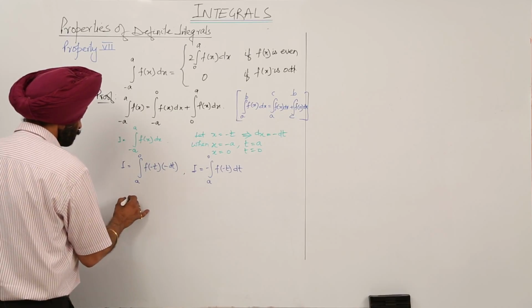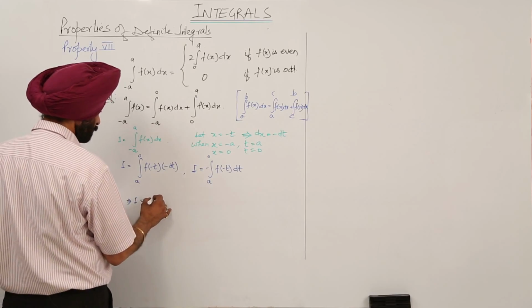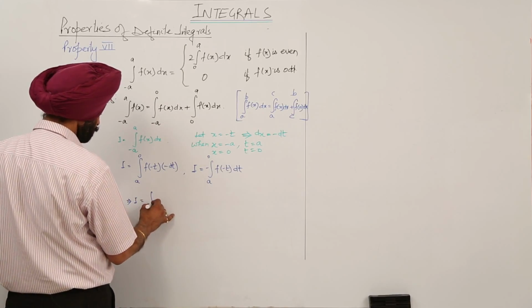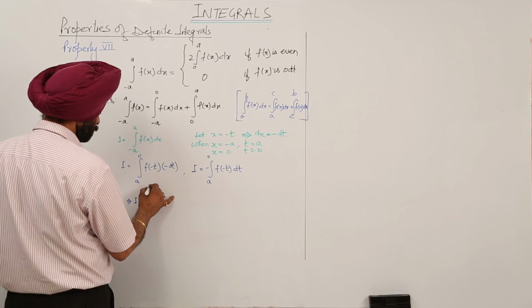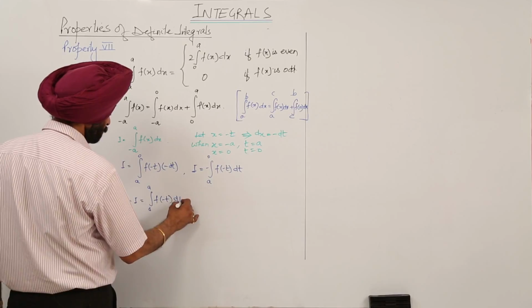Now this further becomes the integral from 0 to a of f(minus t) dt.